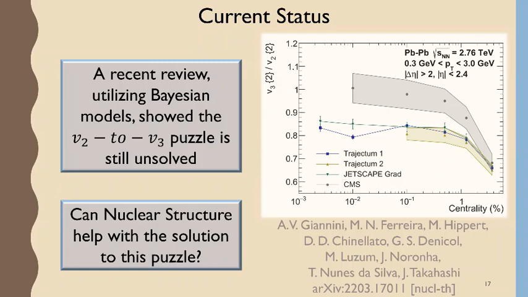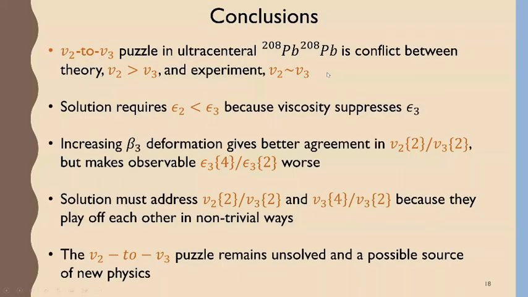Yeah, so I just wanted to end with a question of whether nuclear structure could help with the solution to these inconsistencies. And then I just have my conclusions. So pretty much this puzzle isn't solved with this octupole deformation.